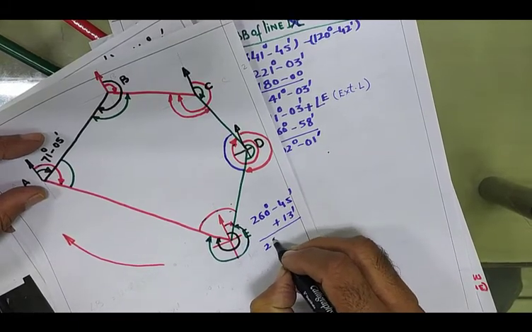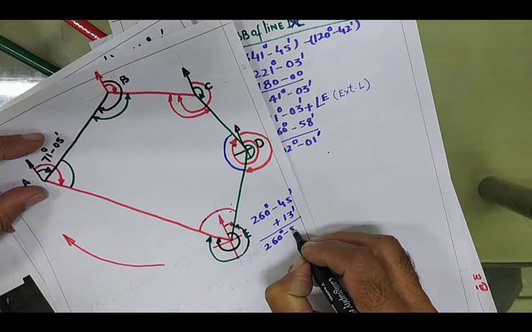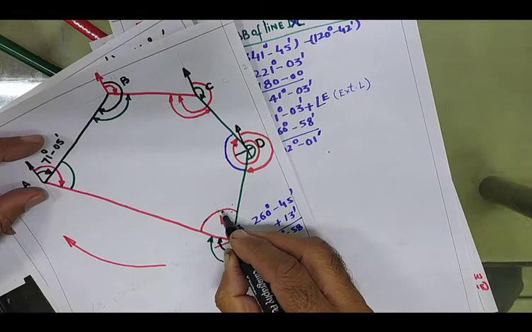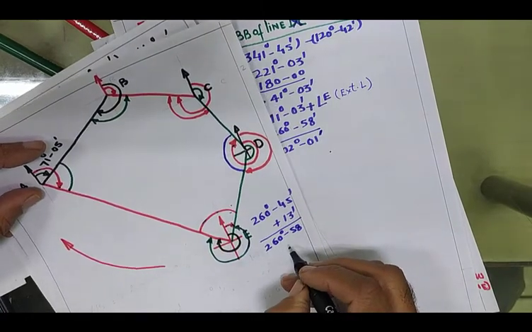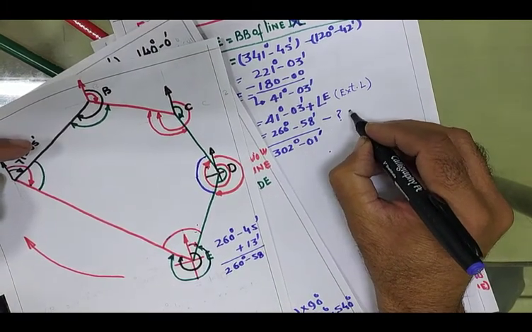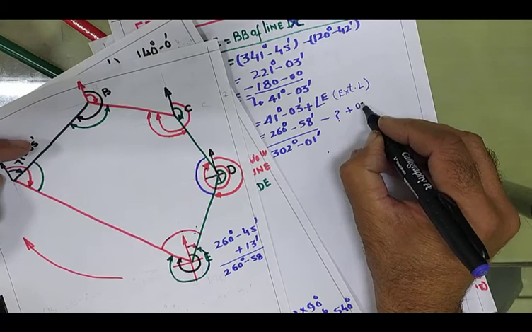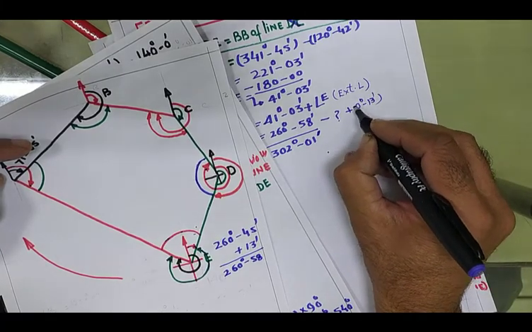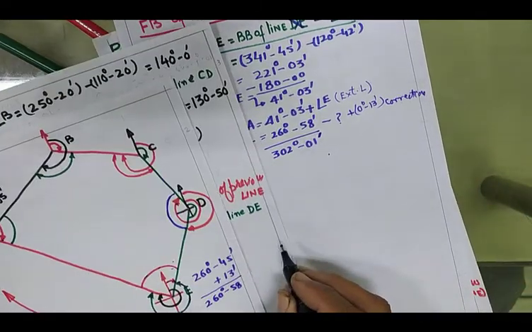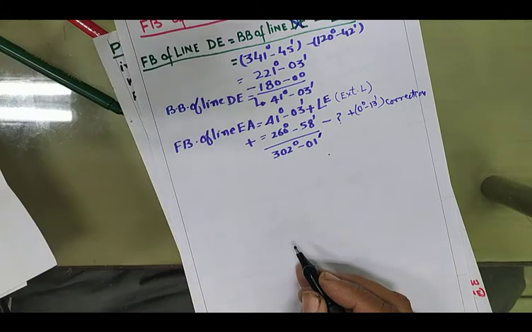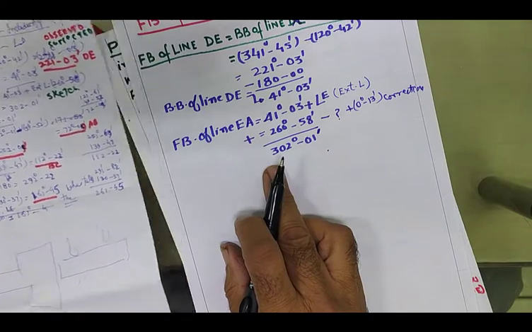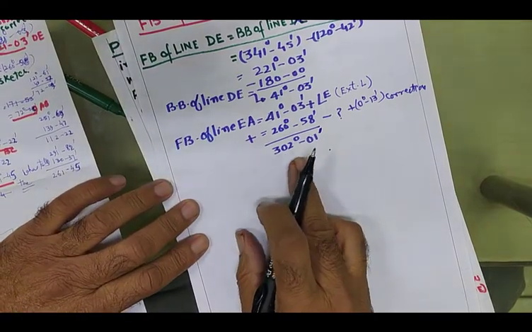So 260 degrees 58 minutes is the external angle. This is very important, you have to record over here: plus 0 degrees 13 minutes correction. So the forward bearing of line EA comes to be 302 degrees 1 minute.